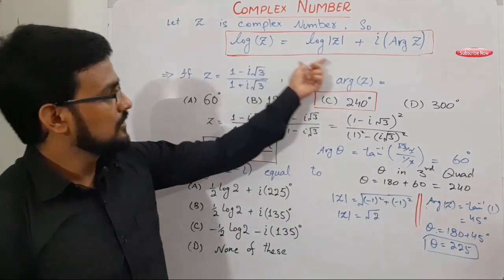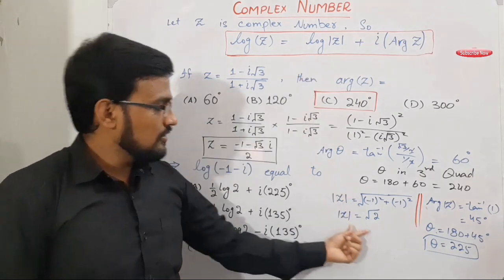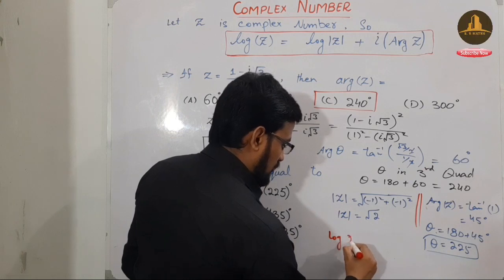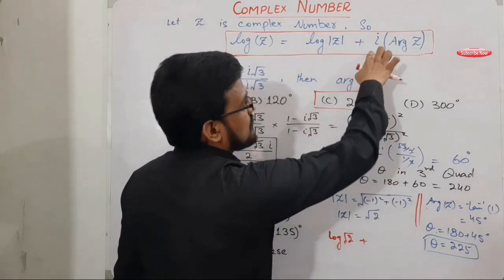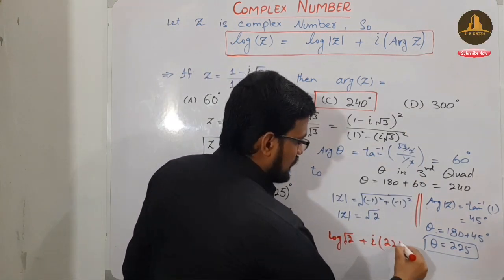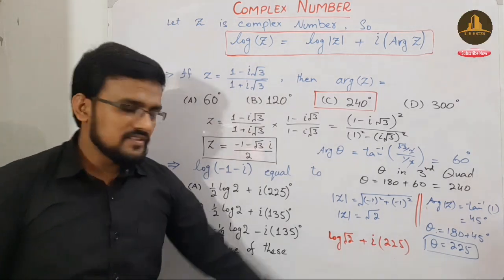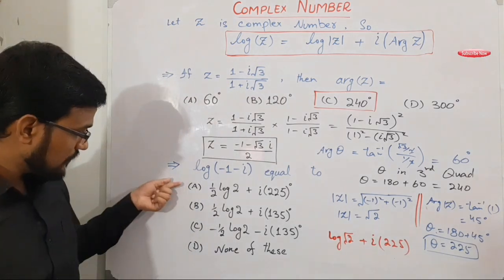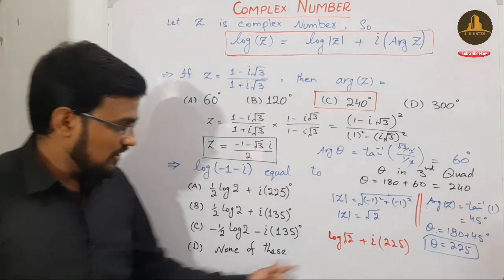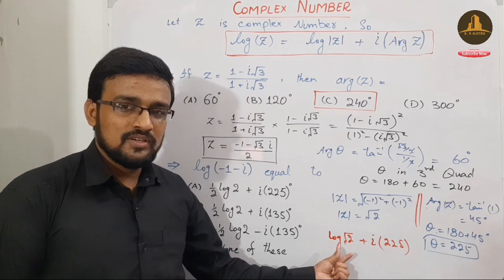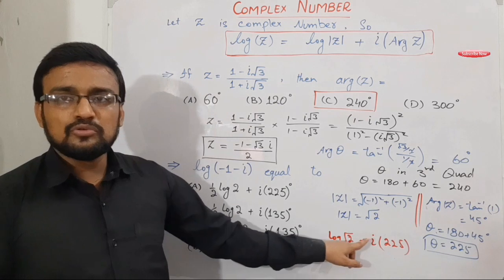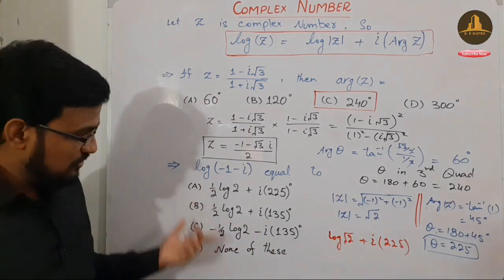According to the formula, you use this rule: log of square root 2 plus iota times the argument of z, which is 225. Which is the answer? A, B, C, D. None of these, because here there is no square root 2.